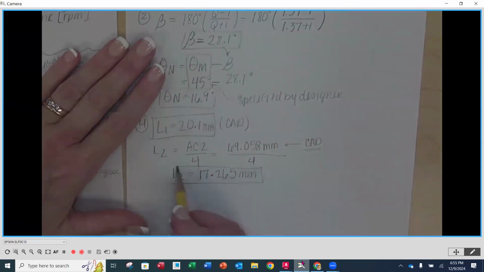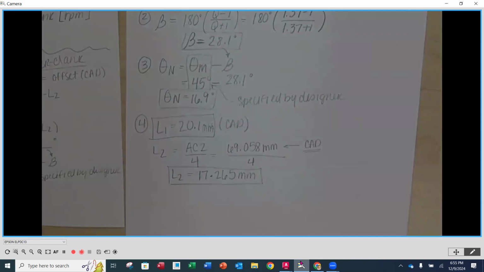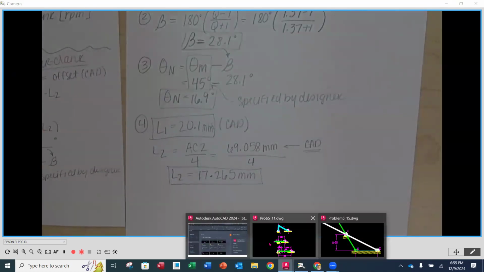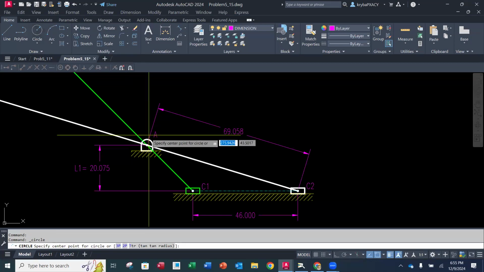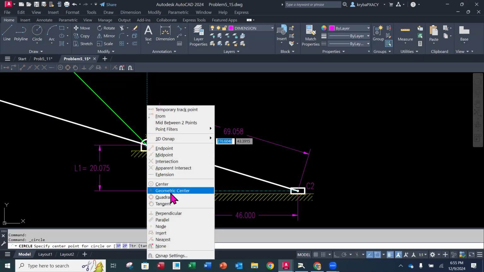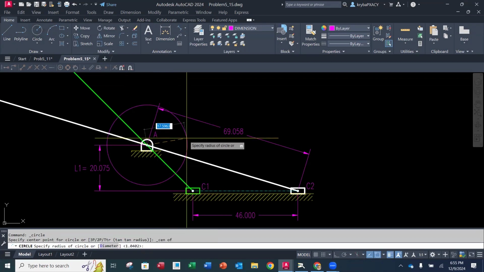All right. So now that's going to be our crank. So I'm going to draw a circle. I'm going to keep it on the dimension layer. That's fine. The center is going to be the center of A, and the radius is going to be 17.265.